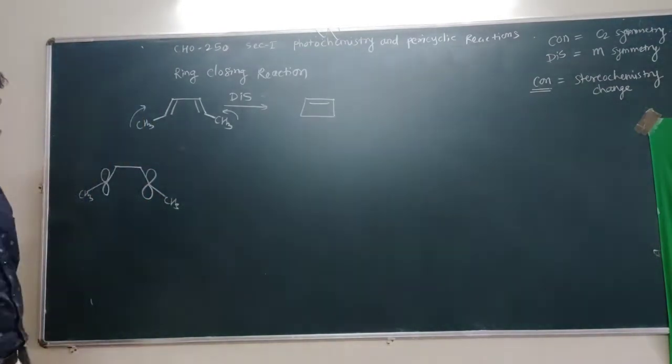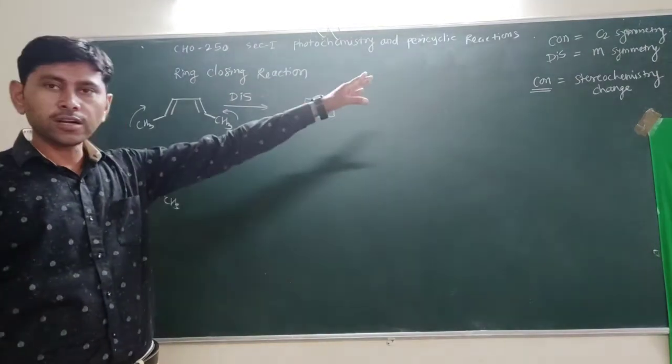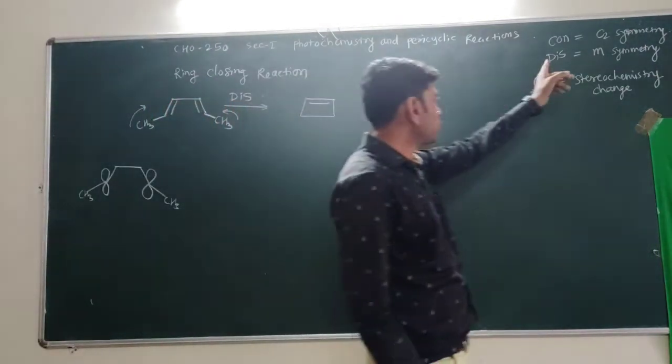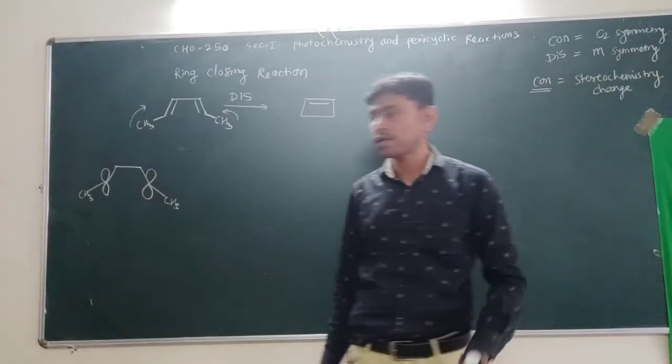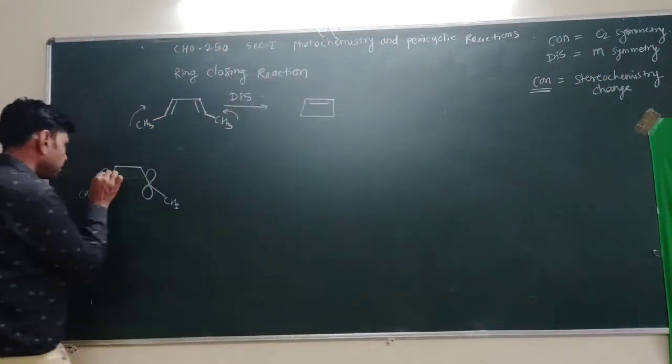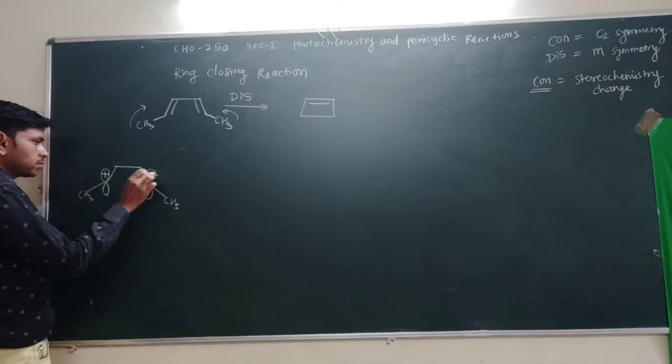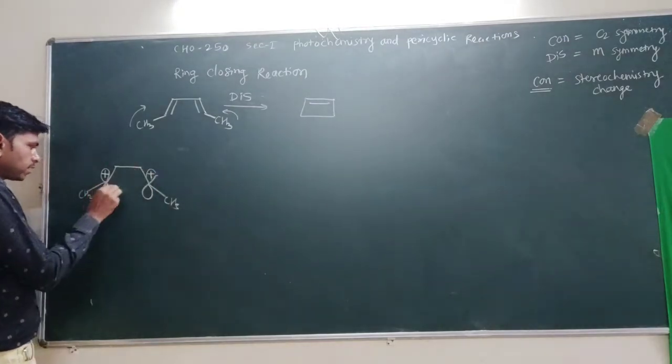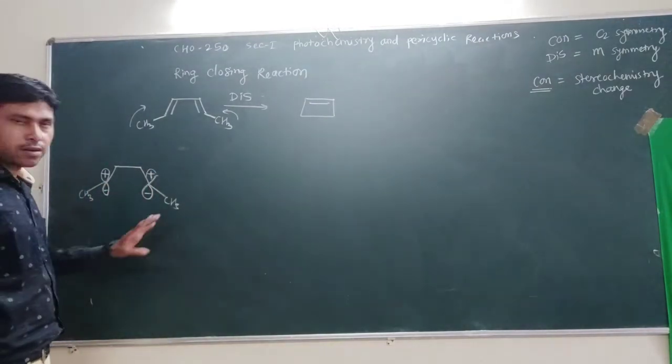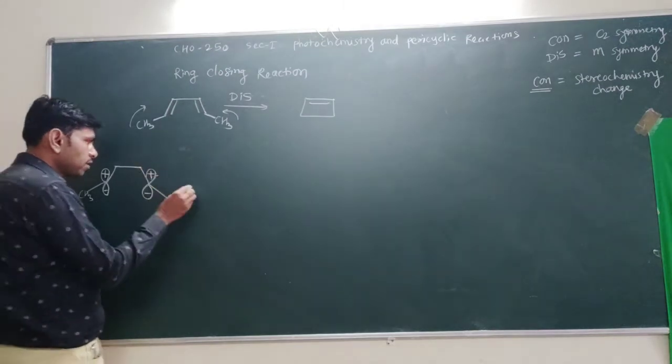Considering this rotatory motion, M symmetry is there. M symmetry is represented by plus plus, minus minus.